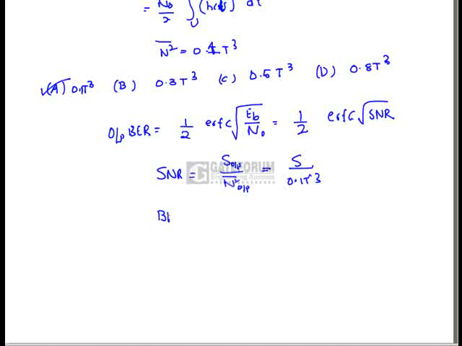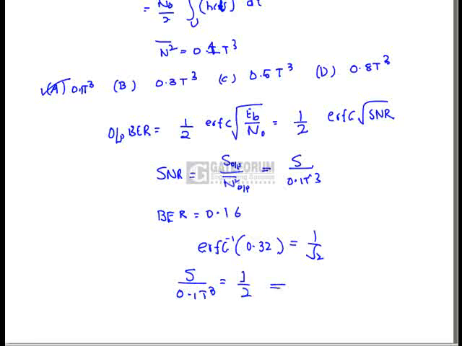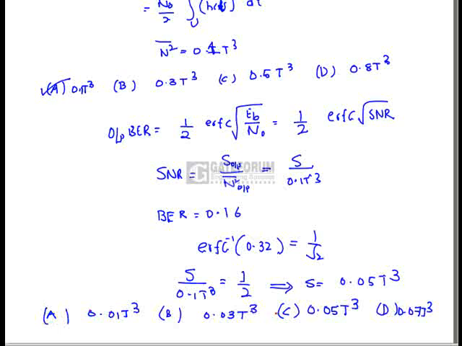We know the bit error rate equals 0.16. From this, the complementary error function argument equals 1 by root 2, so S by 0.1 t cube equals 1 by 2. S equals 0.05 t cube. Regarding part B, option C is true.